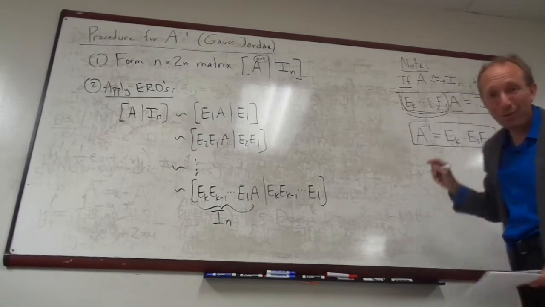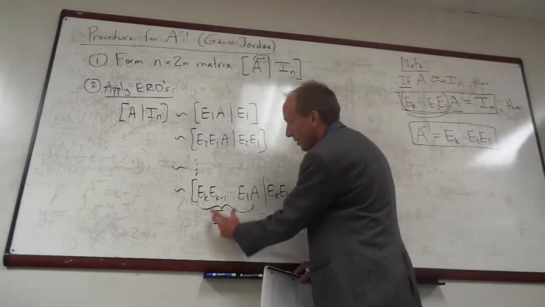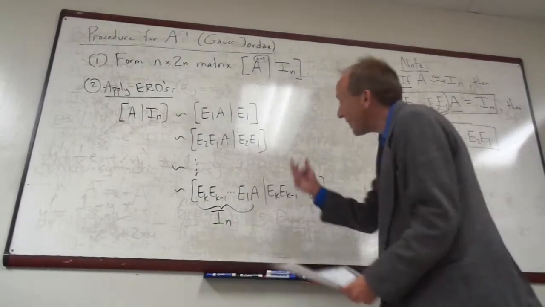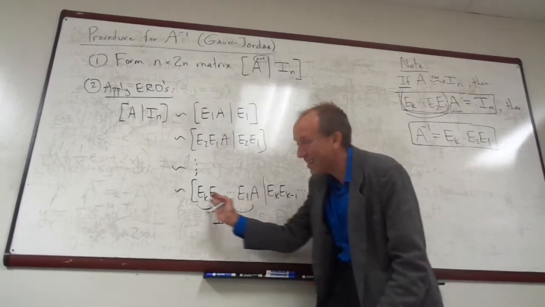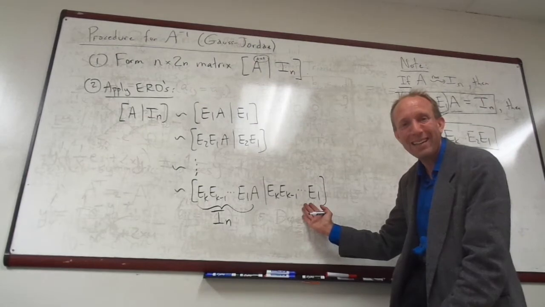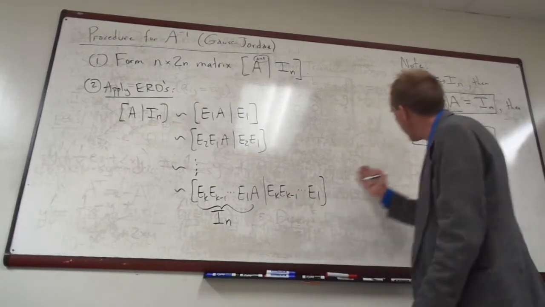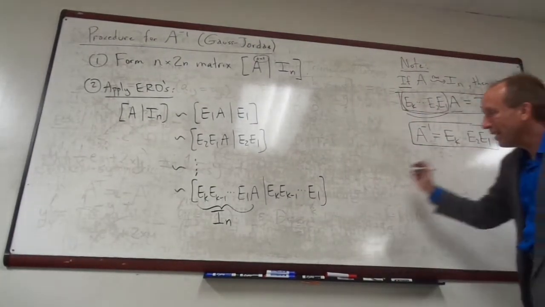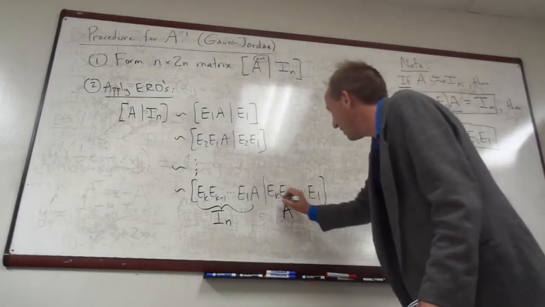If A is row equivalent to the identity, then we can make this become the identity matrix. At the very moment when the left side becomes the identity matrix, look what happens on the right side. We get this product right here, which we just explained is A inverse.